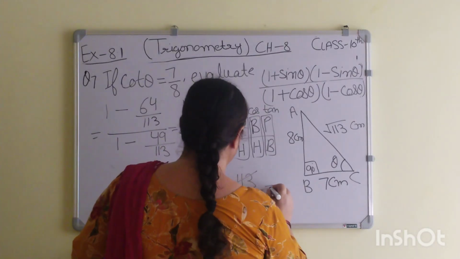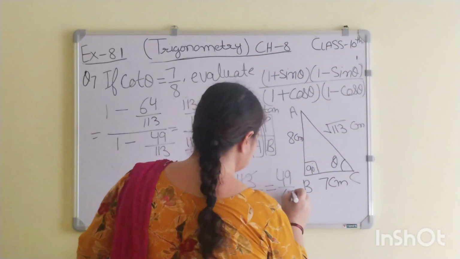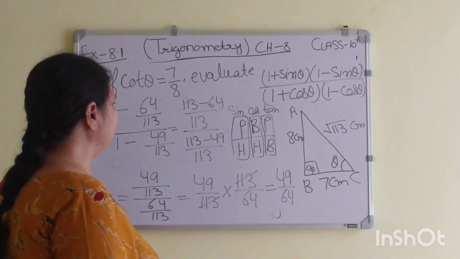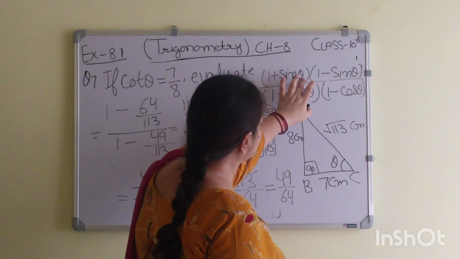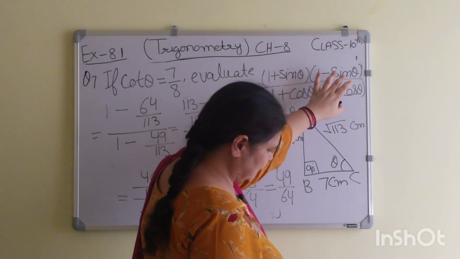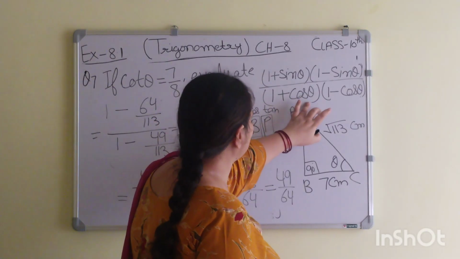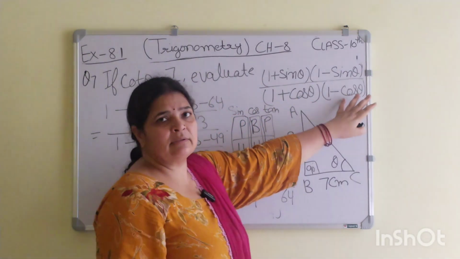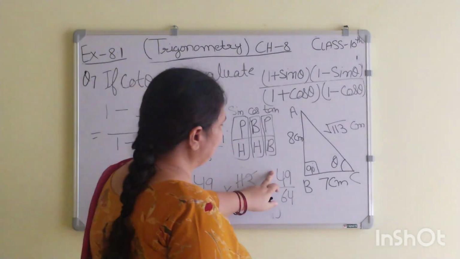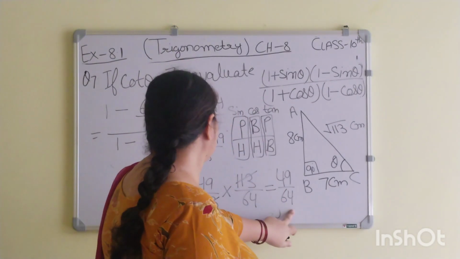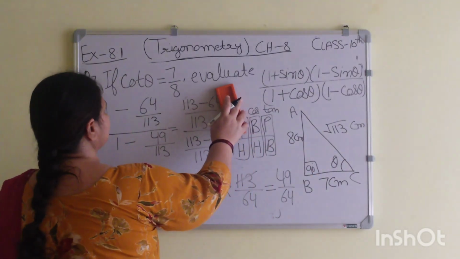And the value of the given expression, (1 plus sin theta)(1 minus sin theta) upon (1 plus cos theta)(1 minus cos theta), has come to 49 upon 64. Now, next student, next question.